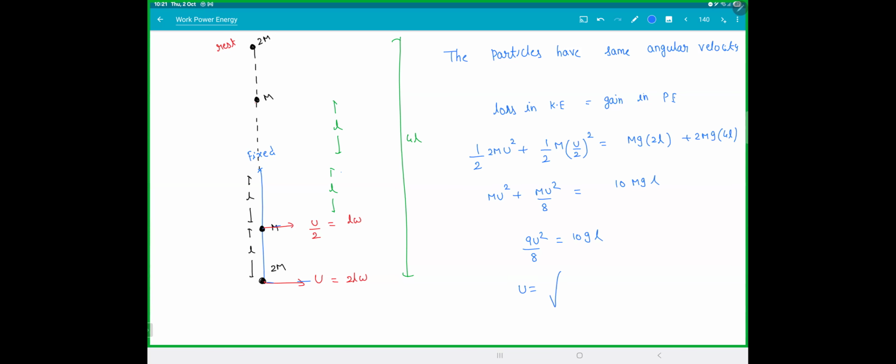So u will be root over 80 gL by 9. Check. You can write 80 as 16 times 5, so that is 9. The 4 by 3 will come. That would be 4/3 root 5 gL.